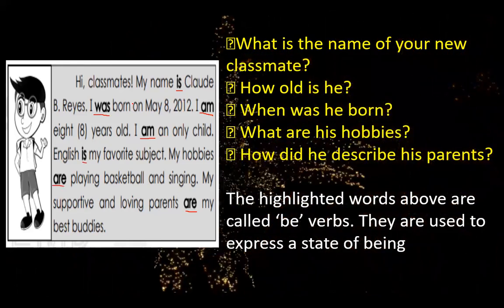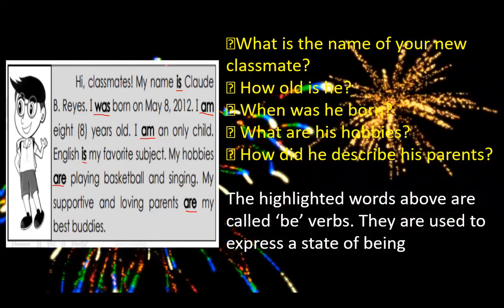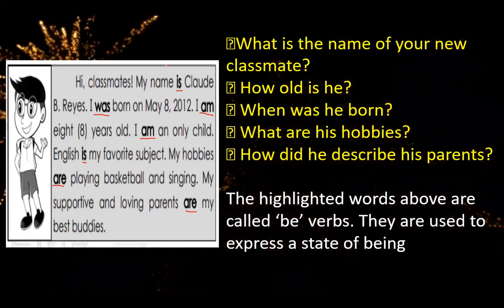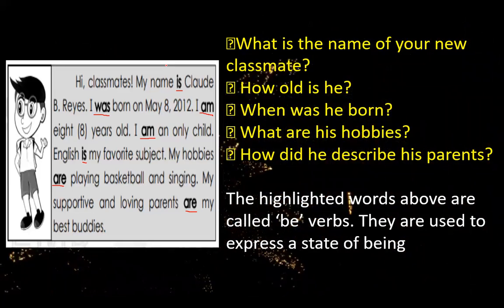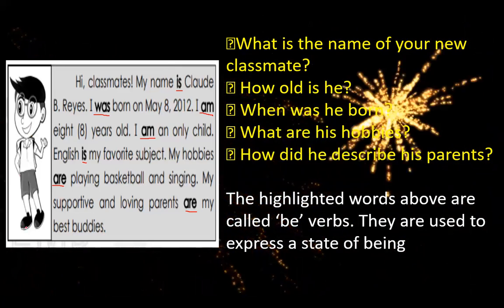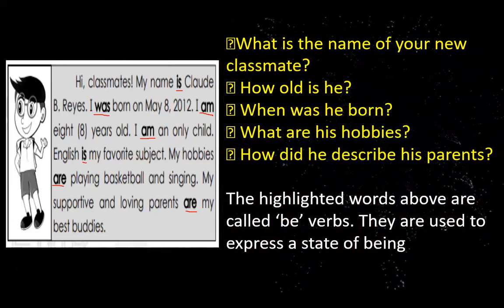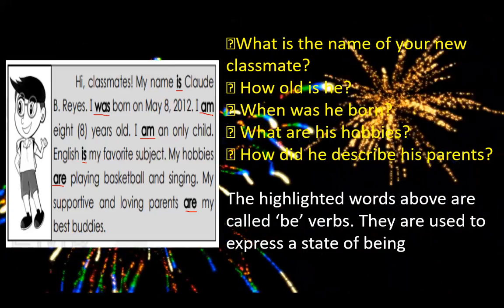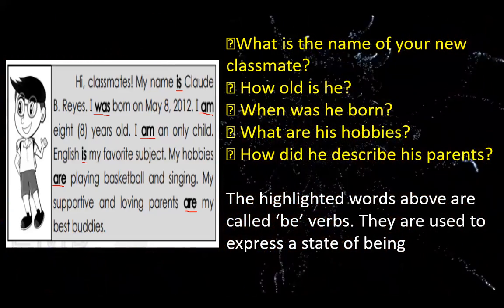Guys, these are called the be verbs. The be verb will show us the state of being or the current situation of the speaker. As in this example, he is currently telling certain information about himself.